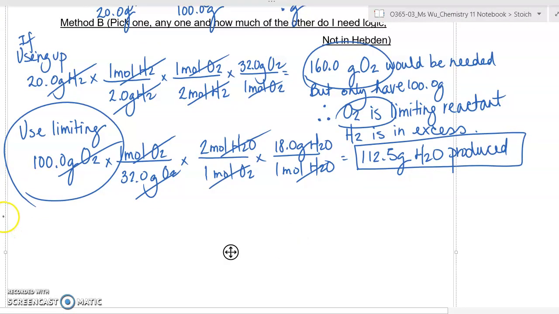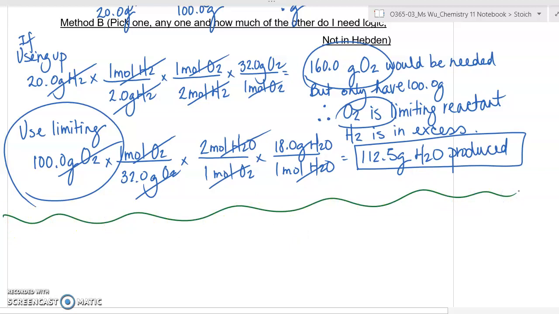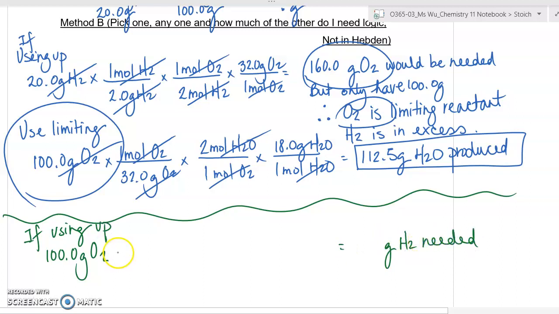So let's just say that somebody else were to do this question and they picked one, any one, and they picked our 100 grams of oxygen. So if we're going to use up all of that oxygen, how many grams of the other ingredient would I need? Let's see if we get to the same answer.